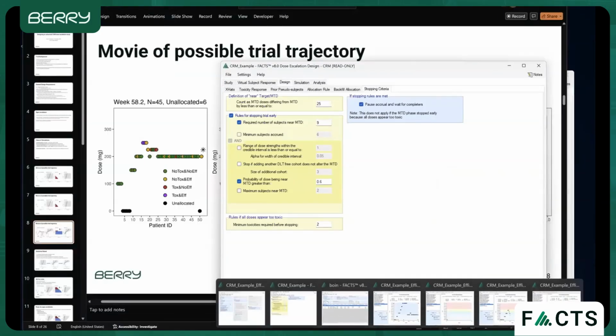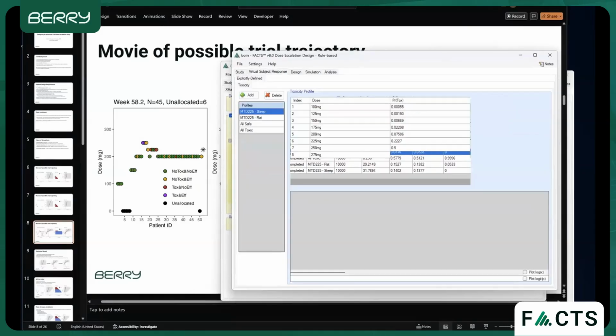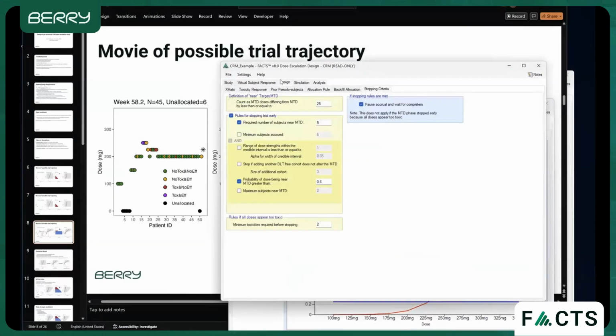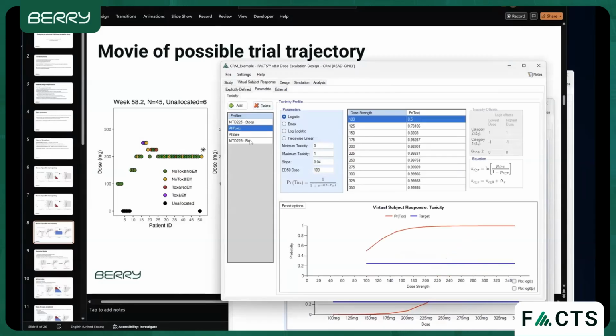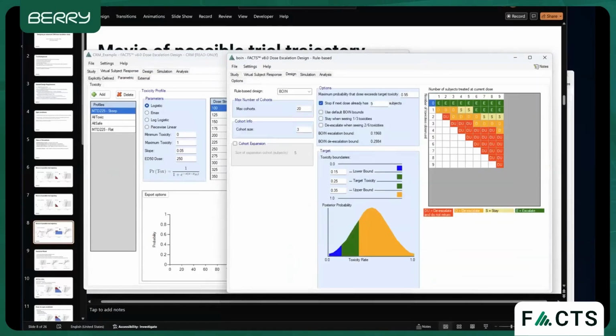And then you can create other facts files, like a Boyne, where you create the same dose toxicity profile. I didn't show you these, but in the CRM I had a certain number of dose toxicity scenarios that I was investigating, and I'm using exactly the same ones in my Boyne. For the Boyne, I also make sure that the sample size is matched.